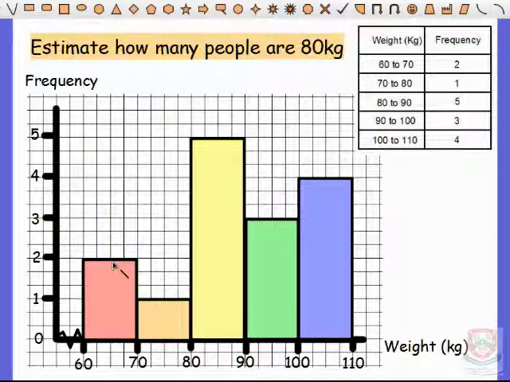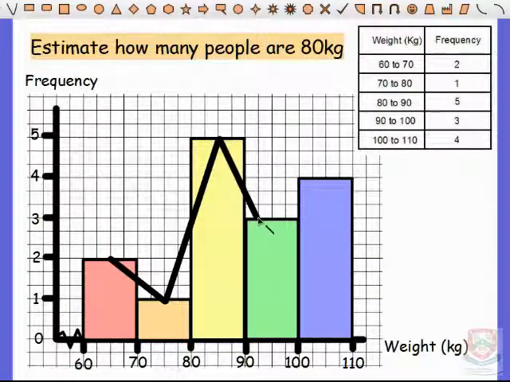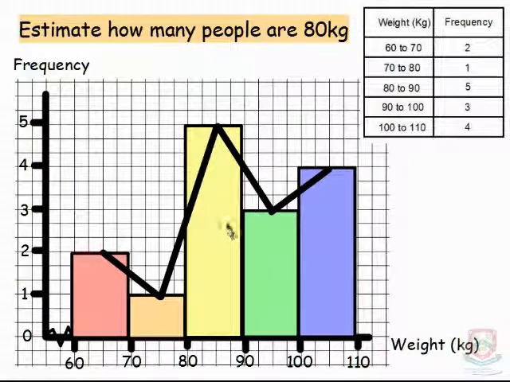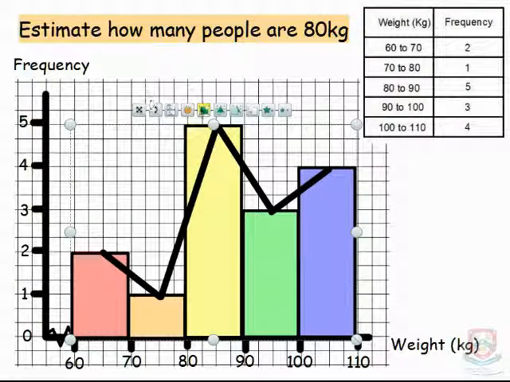To do this, you take the midpoint at the top of each of your bars and join it to the midpoint of the next bar. Repeat until you've completed joining all of the bars together. Now it's best if you've done all of this with a pencil, because the bars themselves are no longer needed.